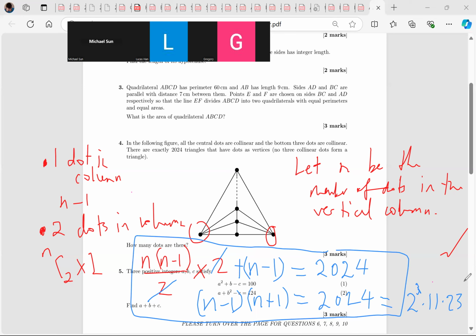So if we can find two factors that multiply to 2024 and differ by 2, can we do that? 44 times 46. Because it's the difference of squares.